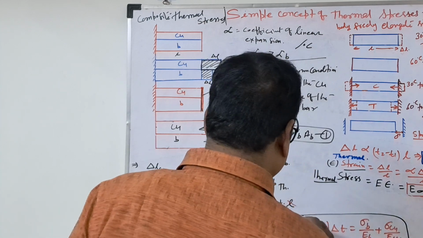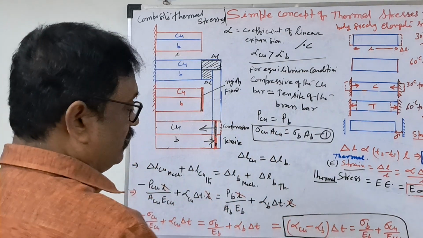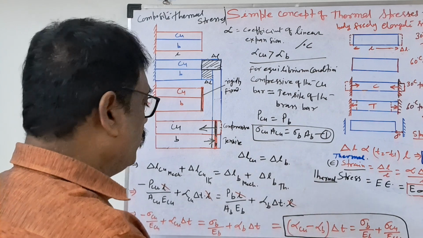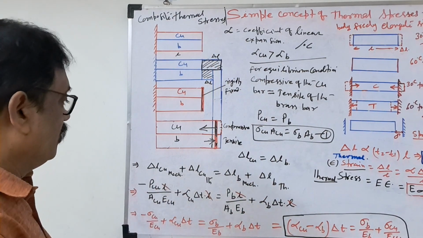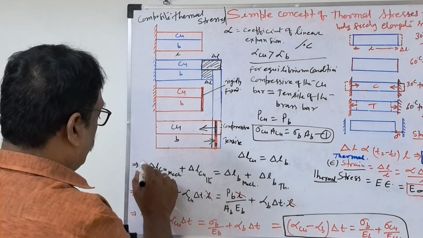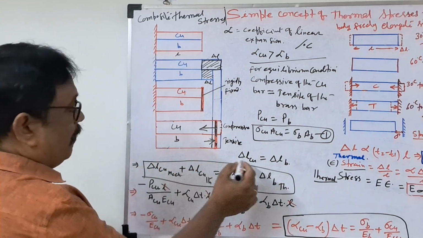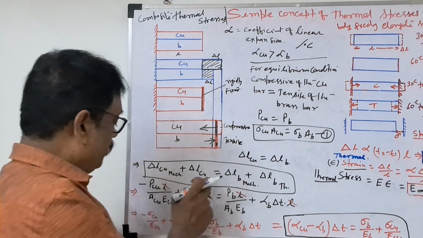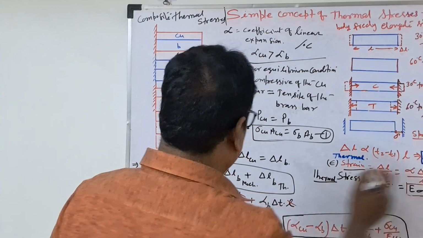Now whatever values they give, substitute the values, get the answer. Either they will ask the stress developed, or the Young modulus, whatever they ask. This is the formula for the composite thermal stresses. How does this come? This part you have to remember, because elongation will be mechanical and thermal. Mechanical elongation PL by AE, thermal elongation alpha delta TL.